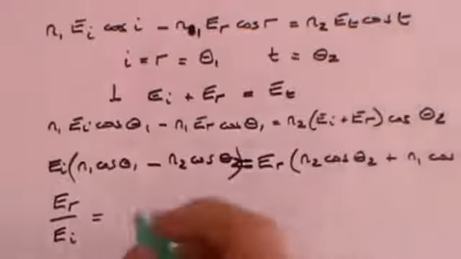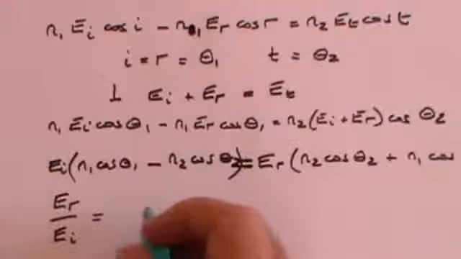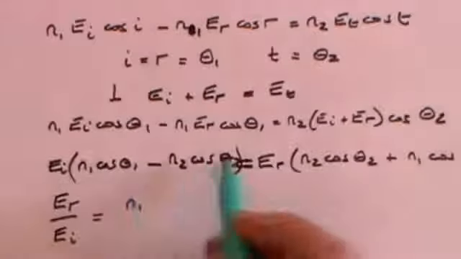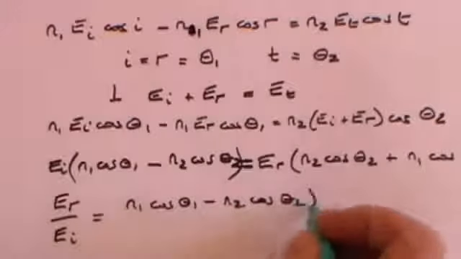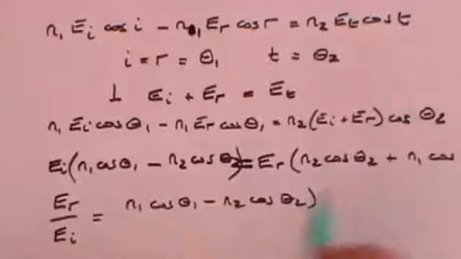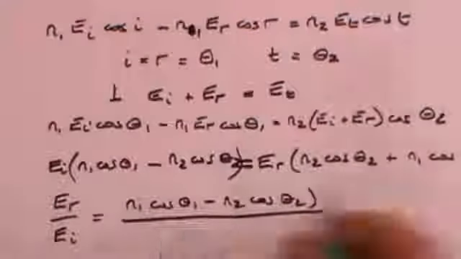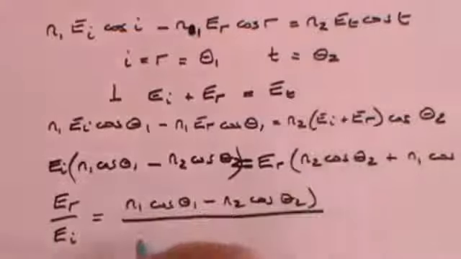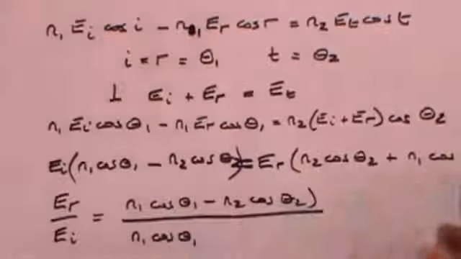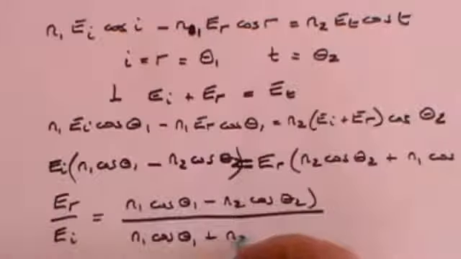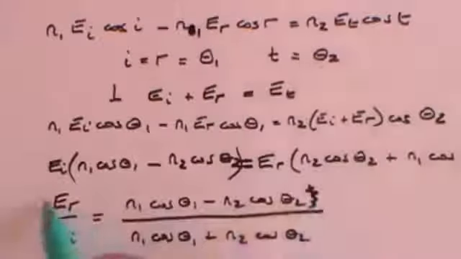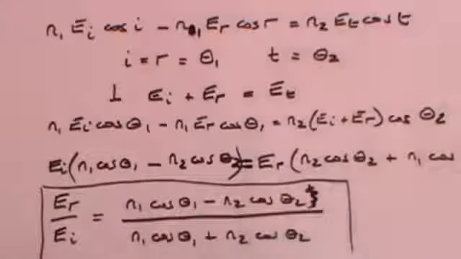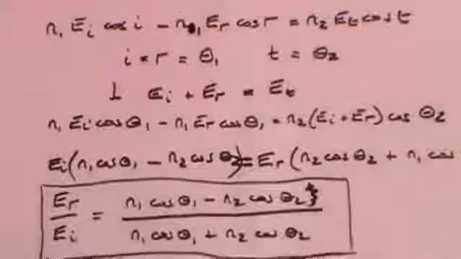I've overshot again, but it will become clear that that is equal to n1 cos theta 1 minus n2 cos theta 2, divided by n1 cos theta 1 plus n2 cos theta 2. You don't need that bracket there. And that, you'll be pleased to know, is the first Fresnel equation.